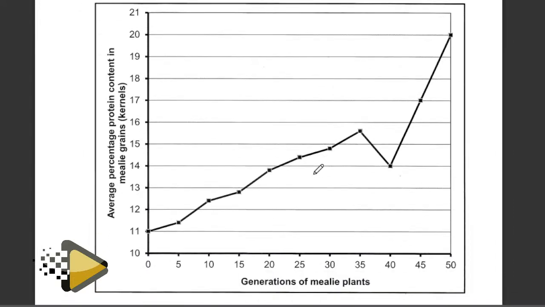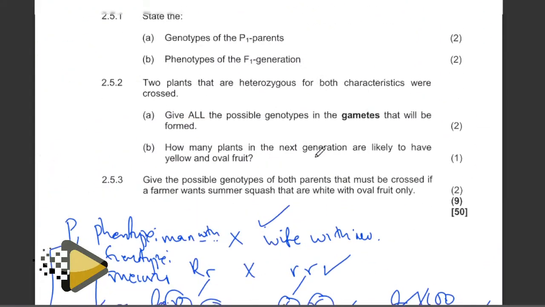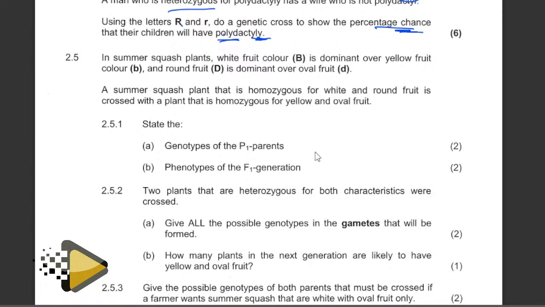The graph below shows, I think guys you got all the marks here. I'm skipping, I'm sorry. Okay, so we are done with that, so let's go to summer squash plants. White fruit is dominant, so we need to know that white is dominant over yellow, and then round is dominant over oval.